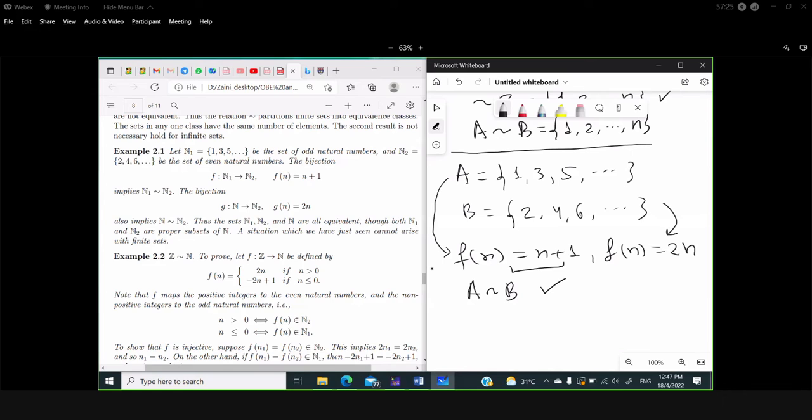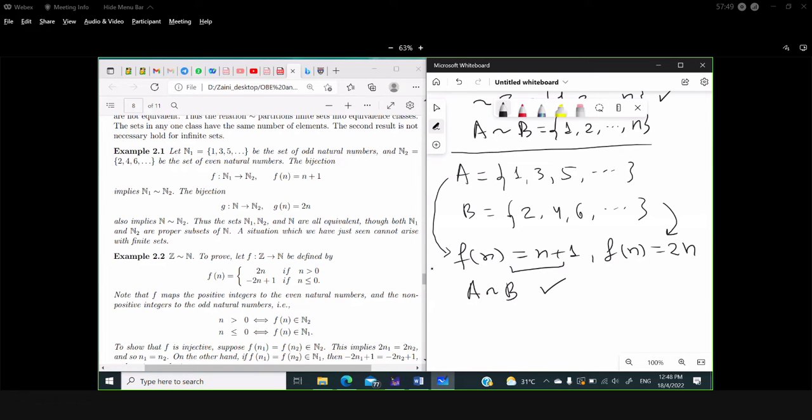Even though every element of A is not an element of B, please pay attention: this definition is totally different from calculus. In calculus, we say that if every element of A is an element of B and every element of B is an element of A, then these sets are equal.